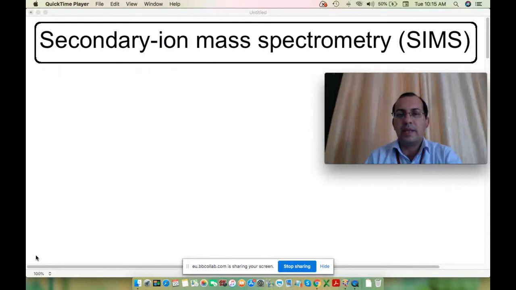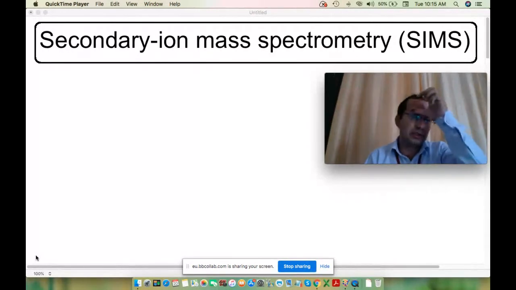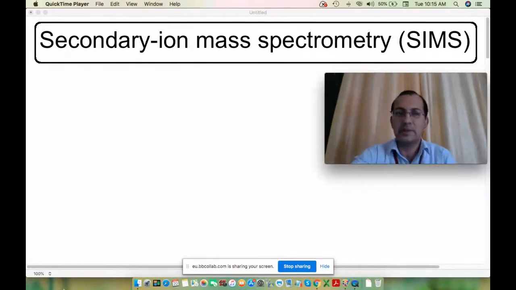It has several advantages because this setup can give much more accurate and precise information about the layer structures. So let's see how secondary ion mass spectrometry works.